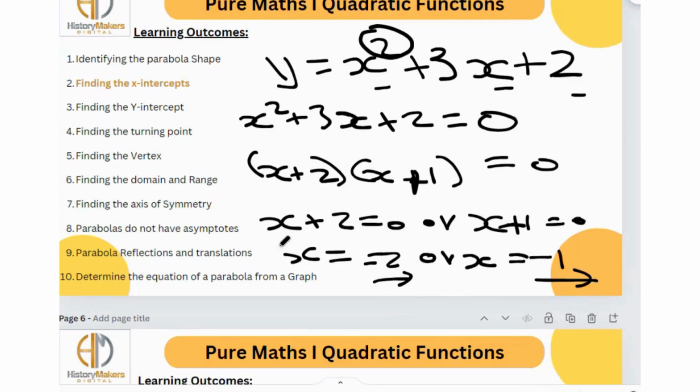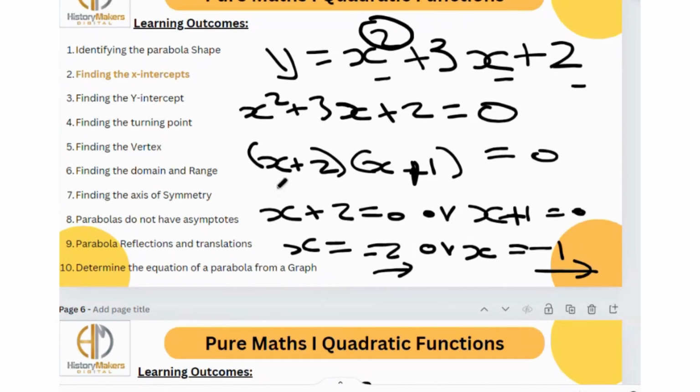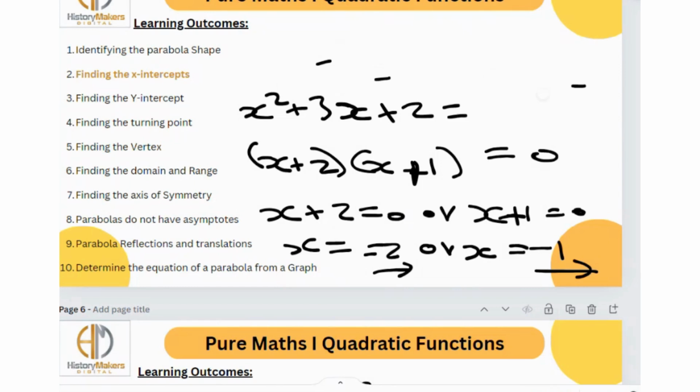Now let's look at how the graph will look with these 2 values. Let's just use the same space. We now have our values being minus 2 and minus 1.